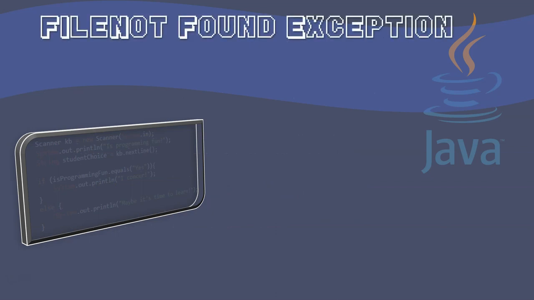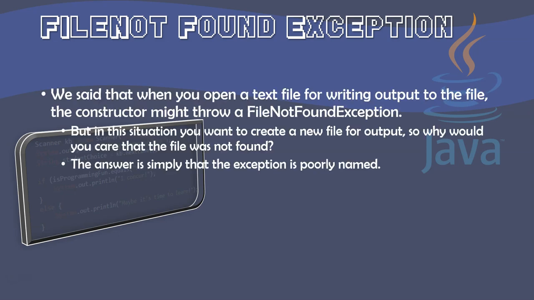Now, we already mentioned this, but file not found exception is very important and needs to be handled, because we said when we open a text file for writing an output to that file, the constructor might throw a file not found exception. However, in this situation, you might say, well, we want to create a new file for output. So why do we care if this file is not found? Because, of course, it's not there. Well, the answer is simply that the exception is just poorly named.